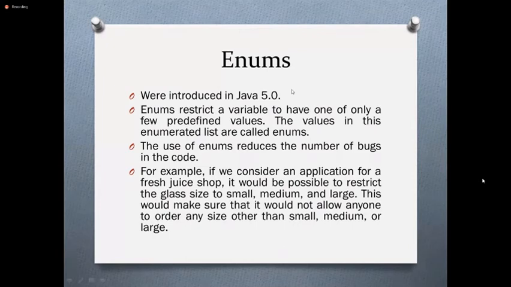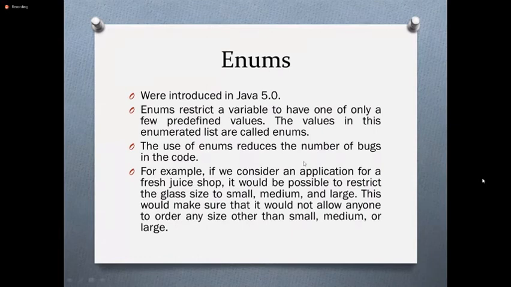If there are predefined values in a list, then you can use enums. The values in this enumerated list are called enums. The use of enums in Java reduces the number of bugs in the program.